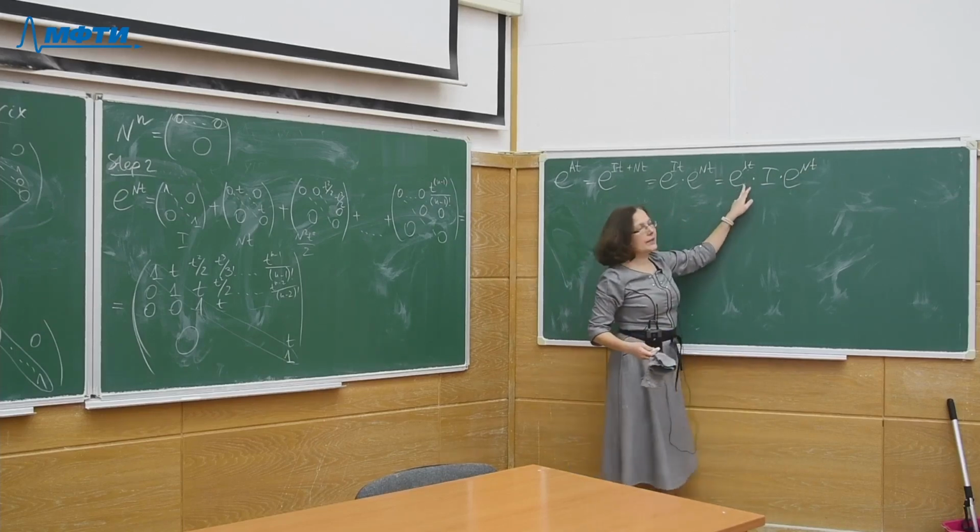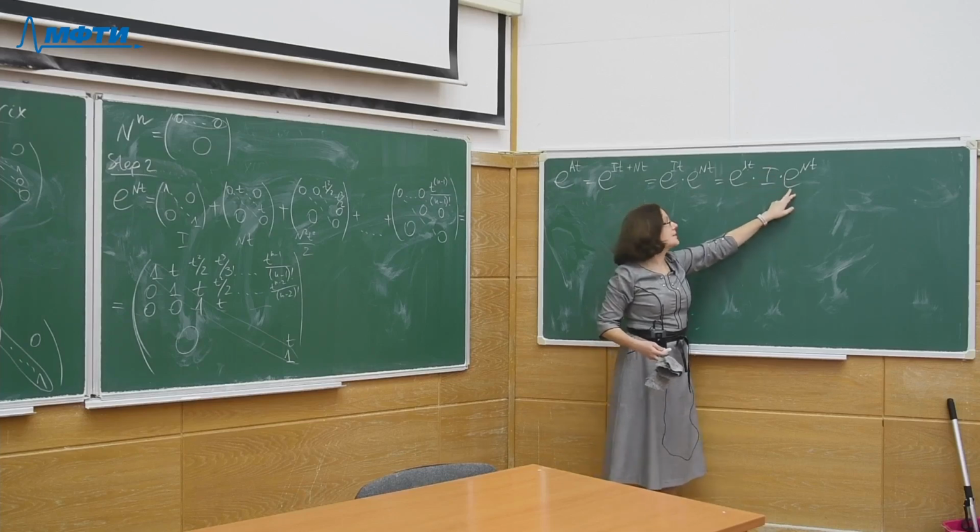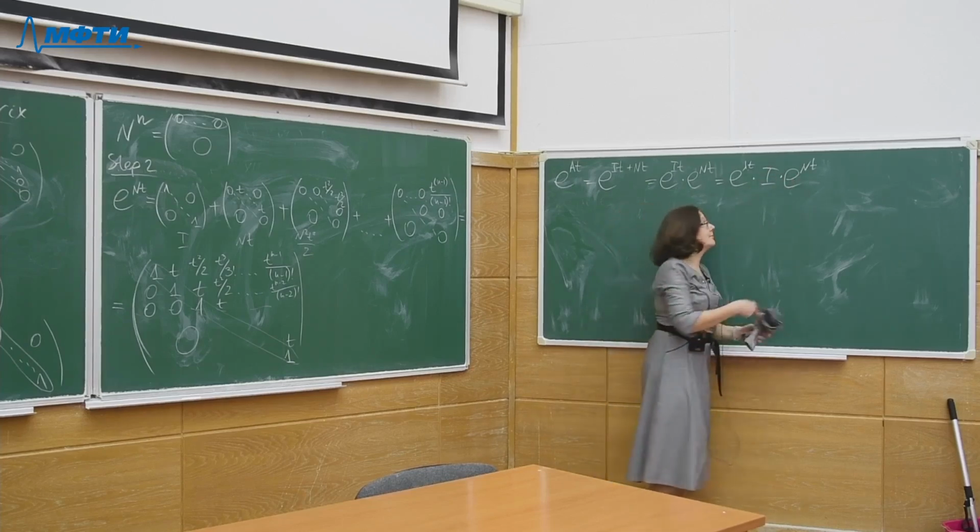Because this is a number, it is multiplied by the identity matrix, and after this multiplied by e to the power nt.